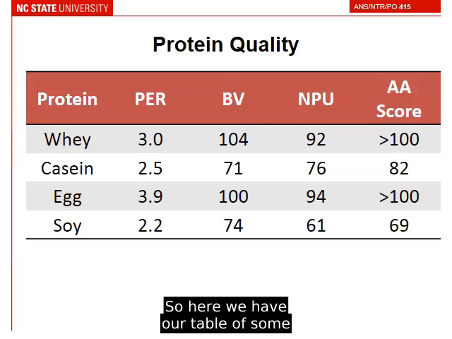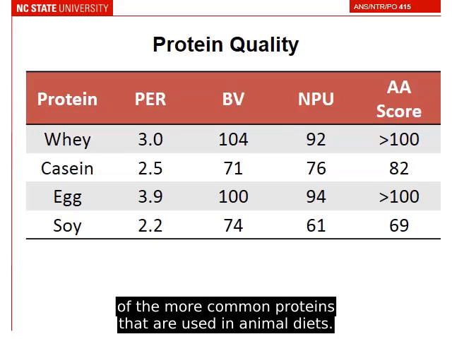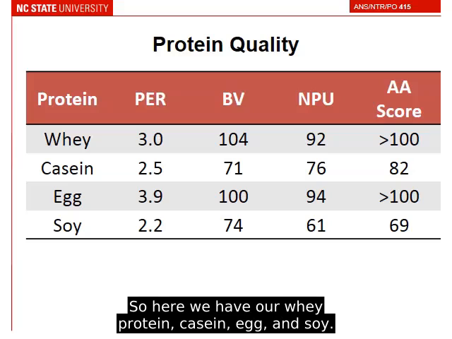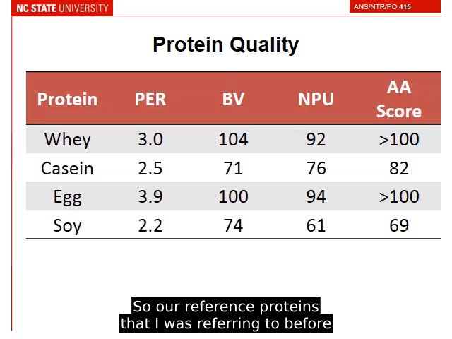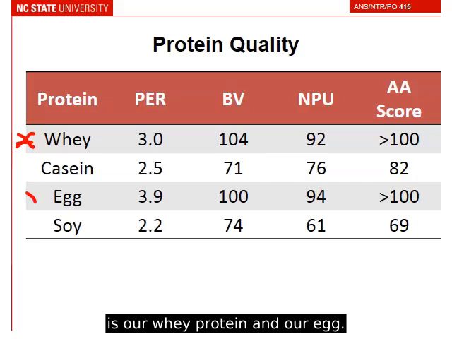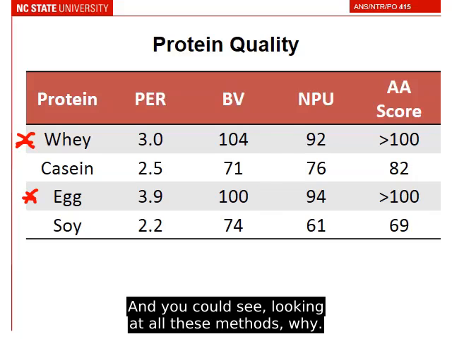So here we have our table of some of the more common proteins that are used in animal diets. So here we have our whey protein, casein, egg, and soy. So our reference proteins that I was referring to before are our whey protein and our egg. And you could see, looking at all these methods, the why.